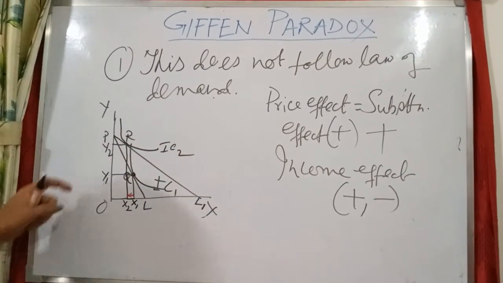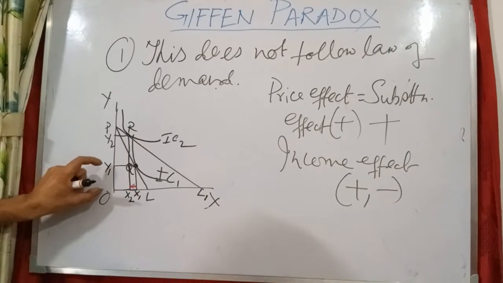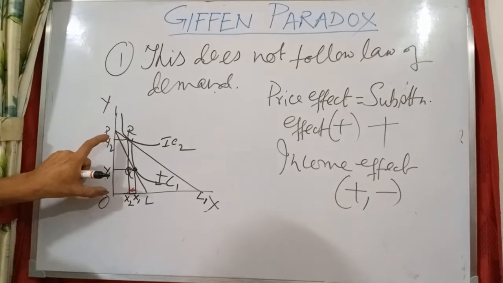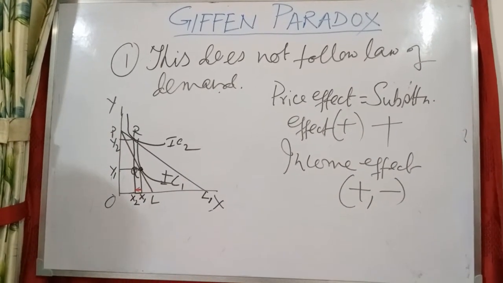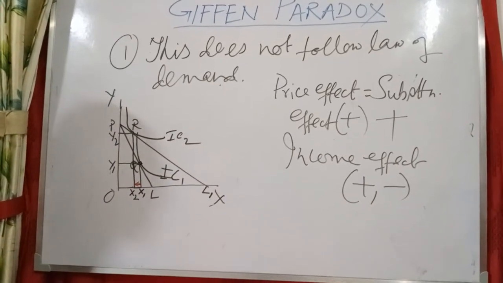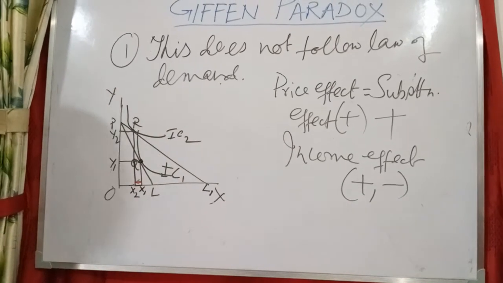So his purchase of Y has increased from OY1 to OY2. That means Y is a superior commodity to the consumer. So every bundle must consist of one superior commodity if there is an inferior commodity, right?